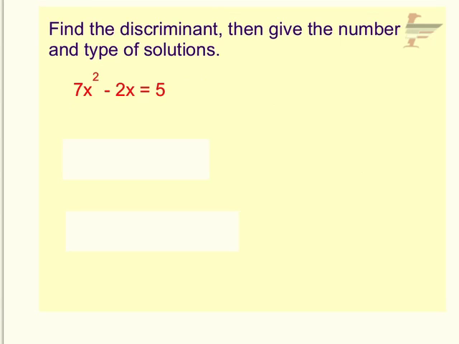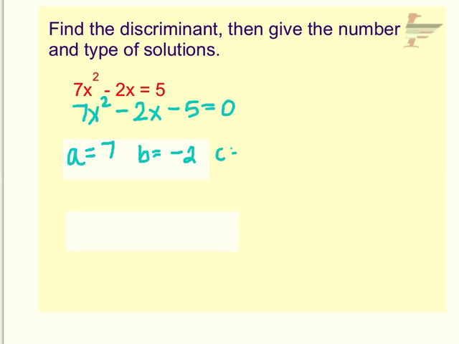So when you're asked to find the discriminant, they also will want to know the number and type of solutions. So you do want to get everything on one side, 0 on the other side. So we have 7x squared minus 2x minus 5 equals 0. This allows us to identify our a, b, and c. Our a value is 7, our b value is a negative 2, and our c value is a negative 5.